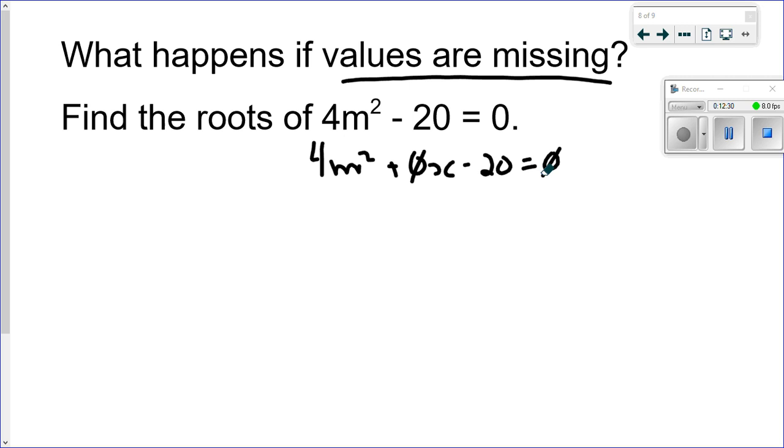The second thing that I want to show you is, hey, I can factor. You don't have to. It makes things easier, but you don't have to factor if you don't want to.